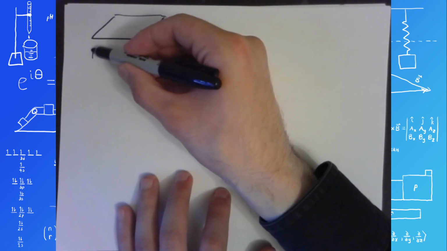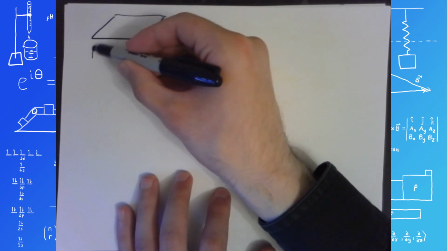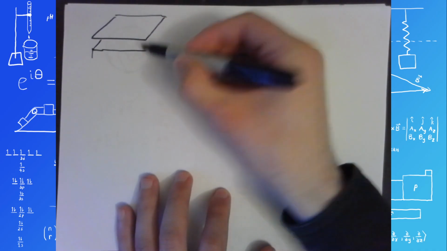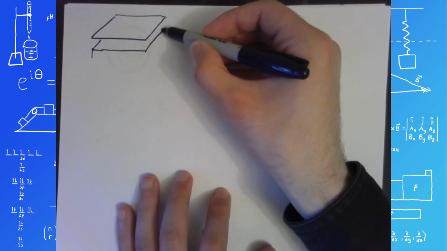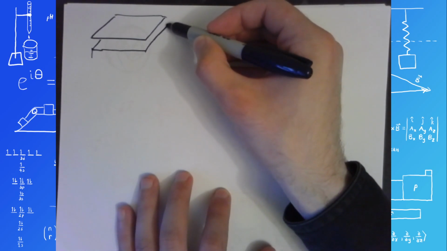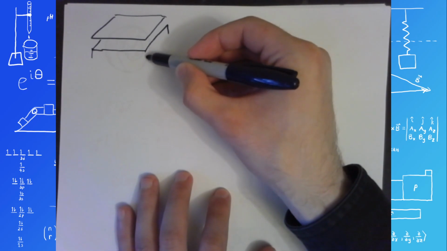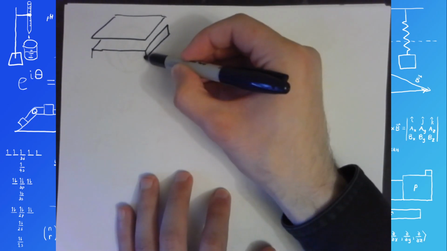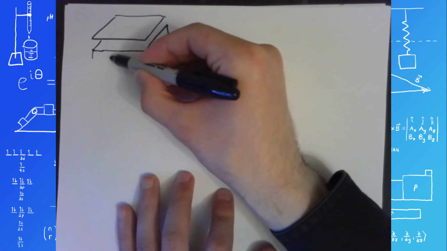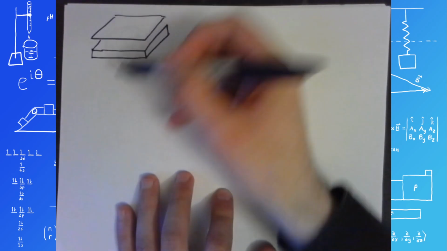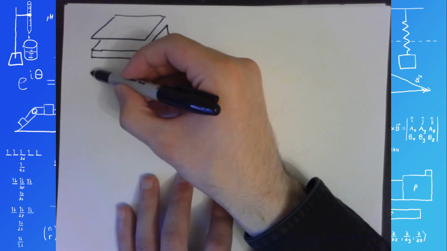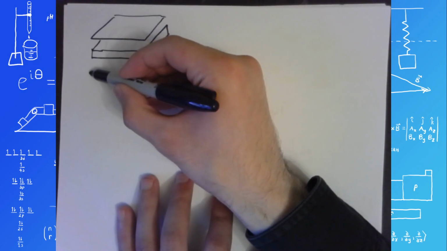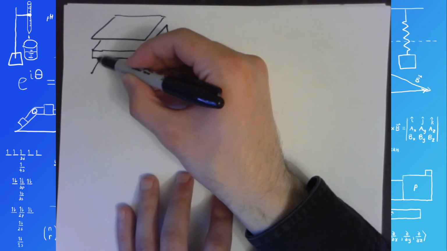So I'm going to have a metal slab, we'll draw it like so.